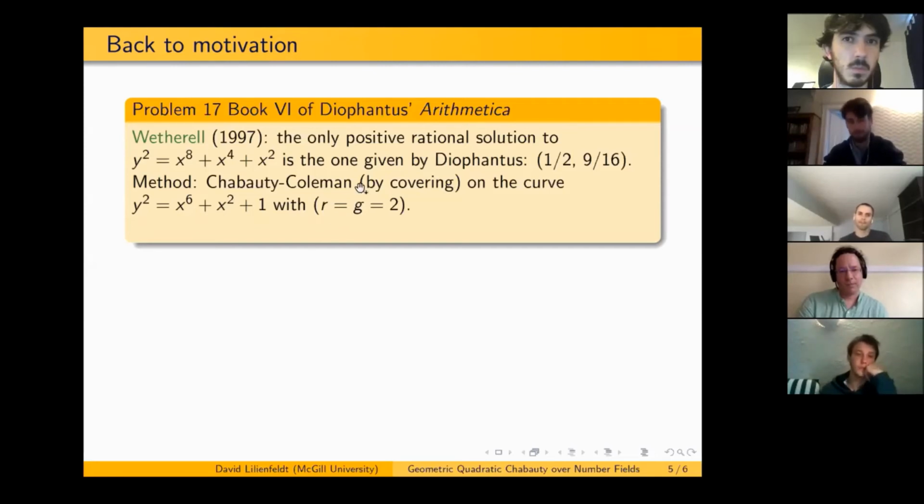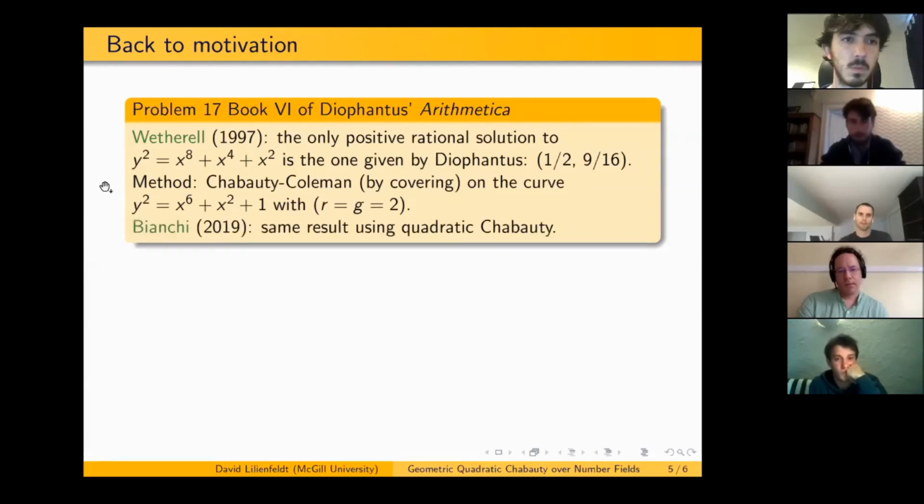Actually, Wetherell further develops the method and uses what is called Chabauty-Coleman bicovering of the curve. But maybe more appropriately, very recently, Francesca Bianchi has obtained the same result using this new quadratic Chabauty method of Balakrishnan. Okay, so that's it for Diophantus' problem.